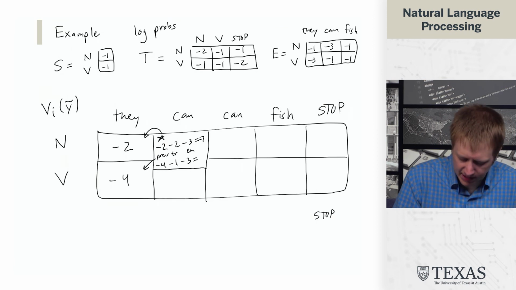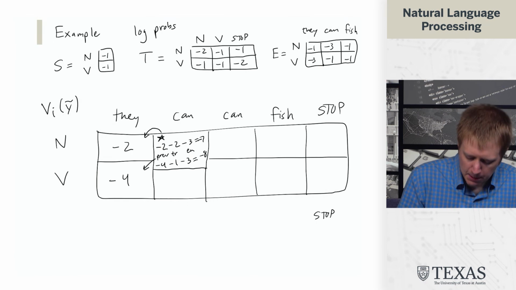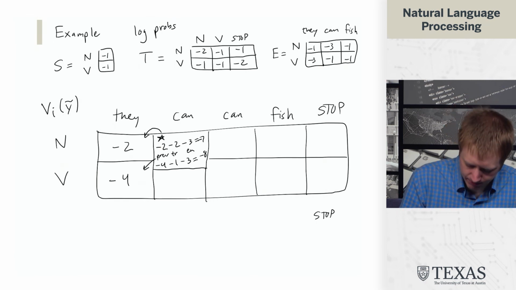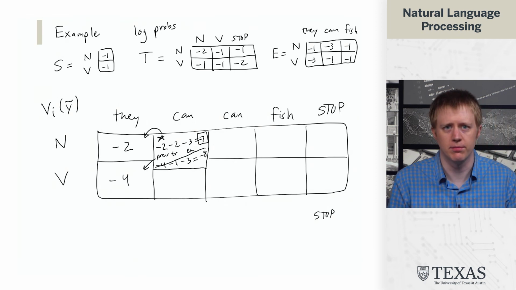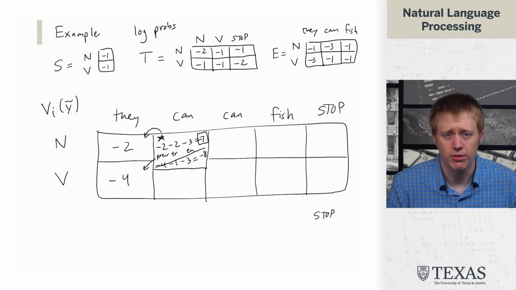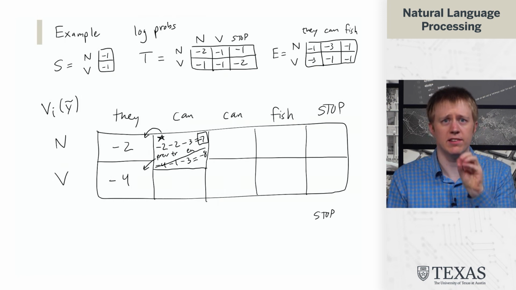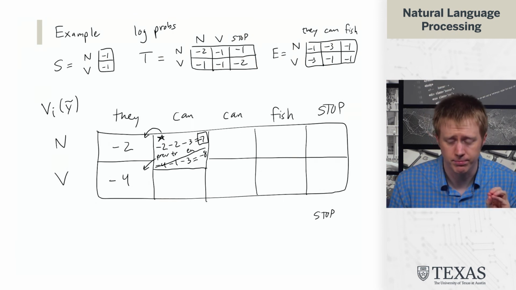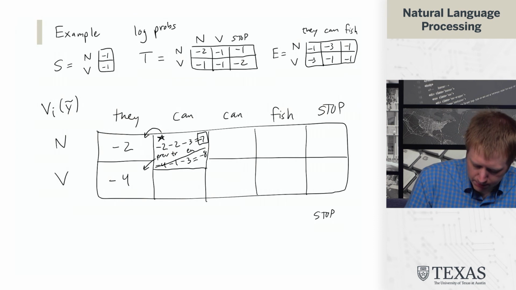And in this case, we get -8. Okay, so when we're applying this max then, we discard this possibility, and -7 is what gets chosen. And so the most likely way to get to this second can being a noun is to have they also be a noun.